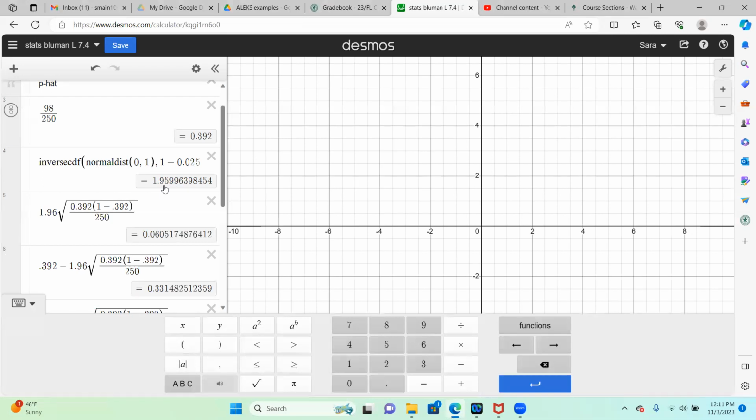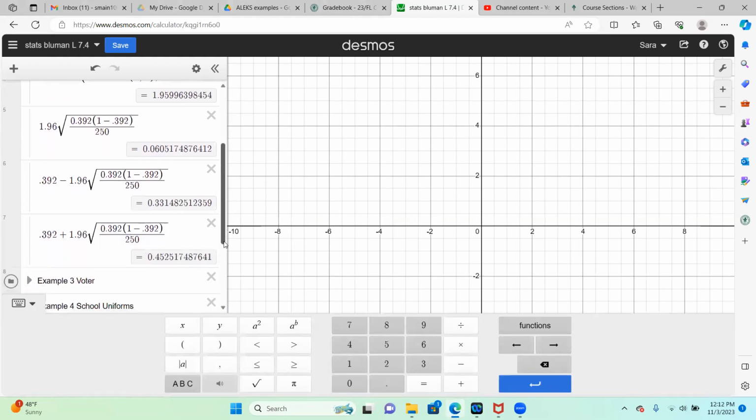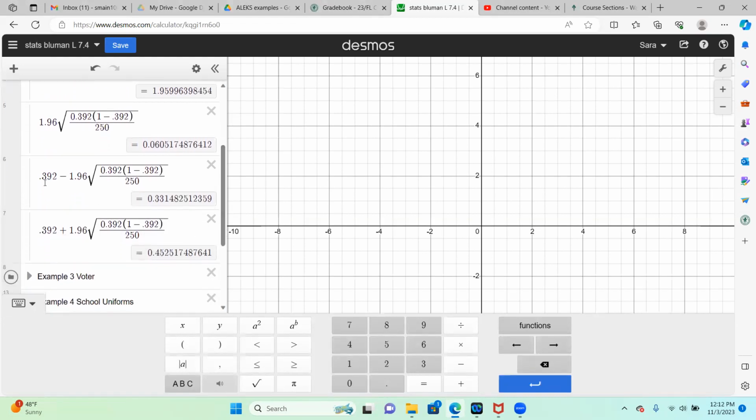And then our margin of error is 1.96 multiplied by the square root. You can see that here in the Desmos, divided by the sample size of 250. And so our margin of error is 0.0605. And you can take the P hat and subtract that whole margin of error.